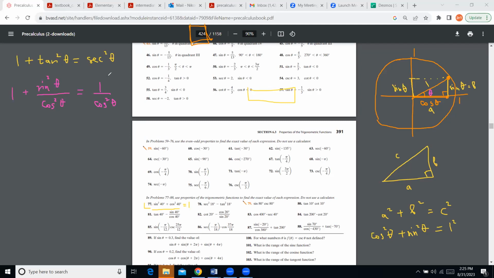So notice that if I have this identity, then I can actually clear the denominator, which is cosine squared. So I can multiply both sides by the same expression, and this means that I also have to multiply each piece of that fraction by cosine squared.